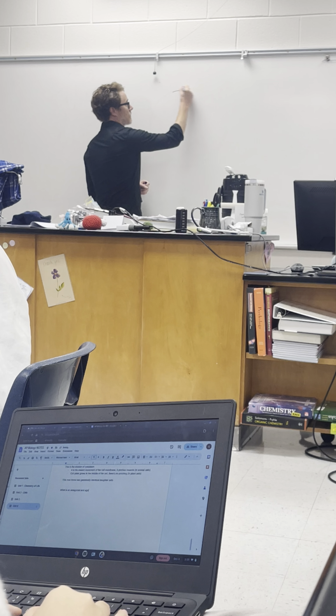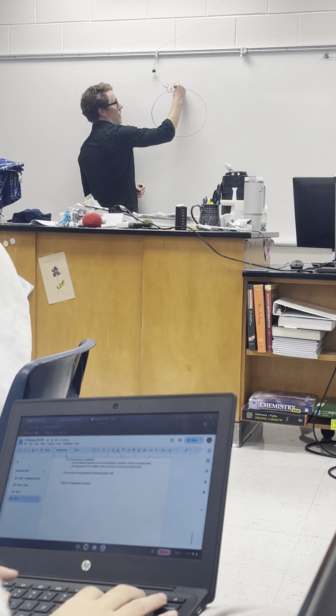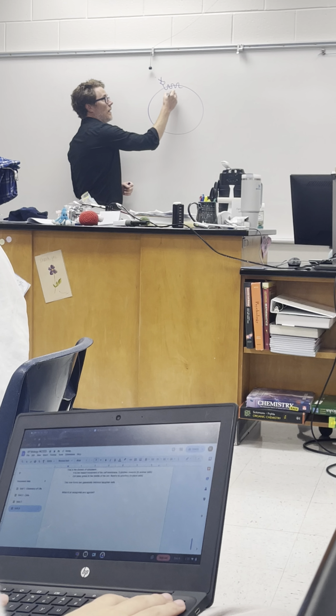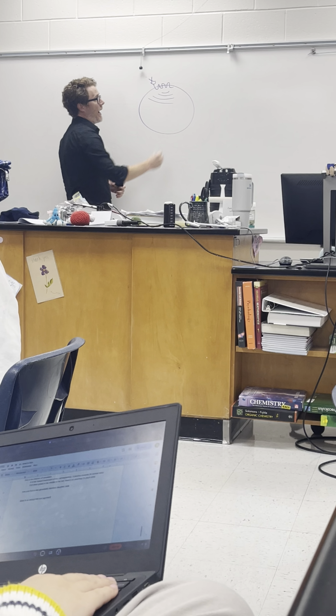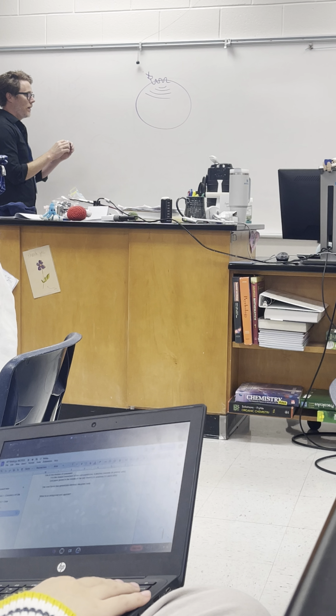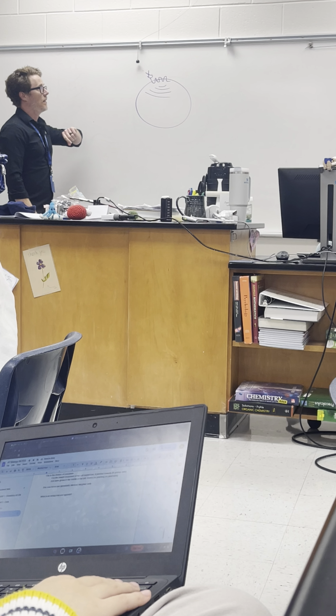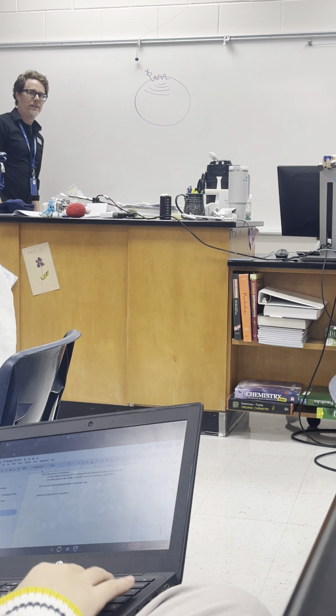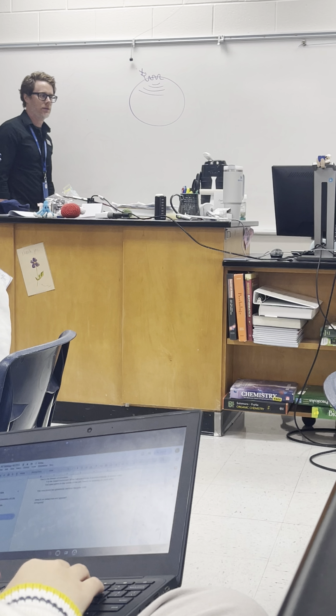So if this is the drug and it binds to the receptor, and suddenly I see that the signal pathway is on very strongly, that would be an agonist as opposed to an antagonist. So that's it, as far as drugs go.